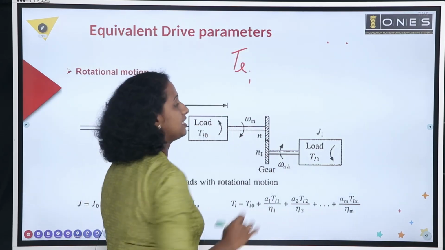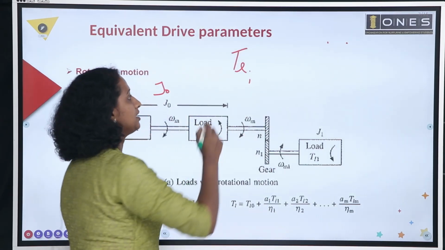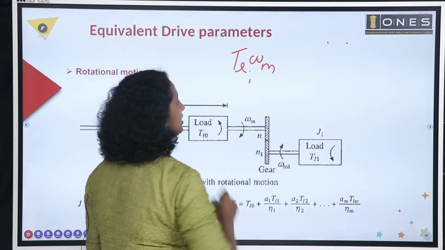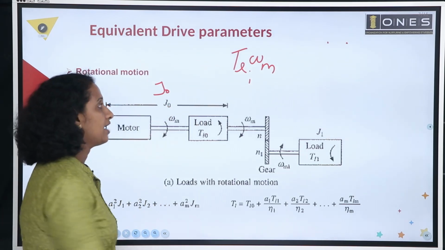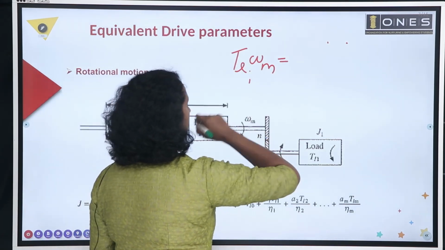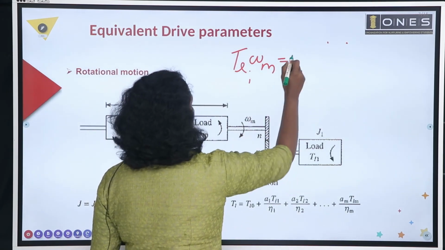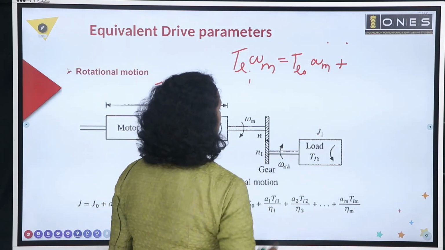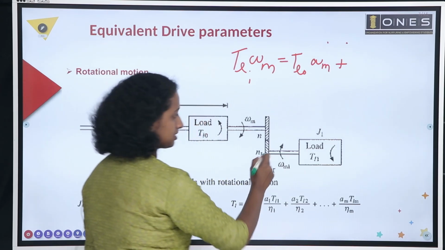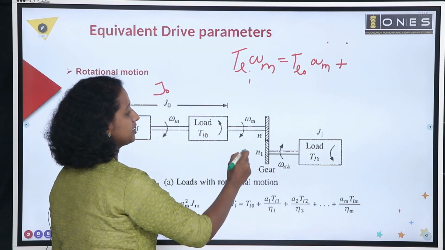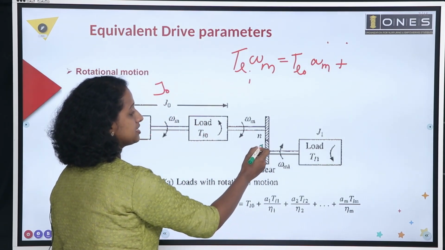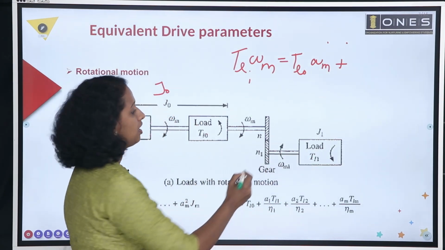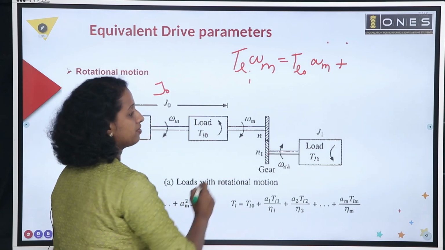Assume the equivalent load torque is TL. Then the power due to the equivalent load torque will be TL into omega m, and that is equal to the sum of the other powers: TL0 omega m plus, here, what? One thing to note here: we are taking the power that is seen by the motor, not the power on the load side.